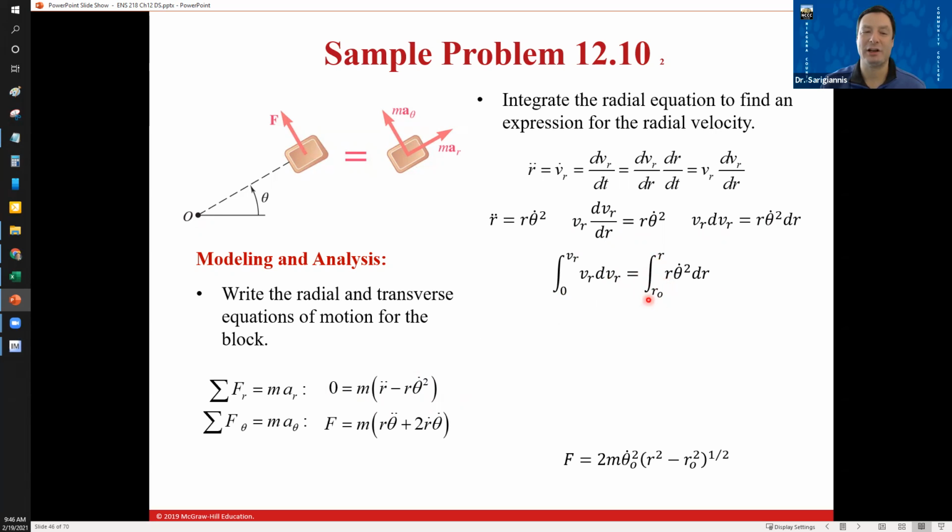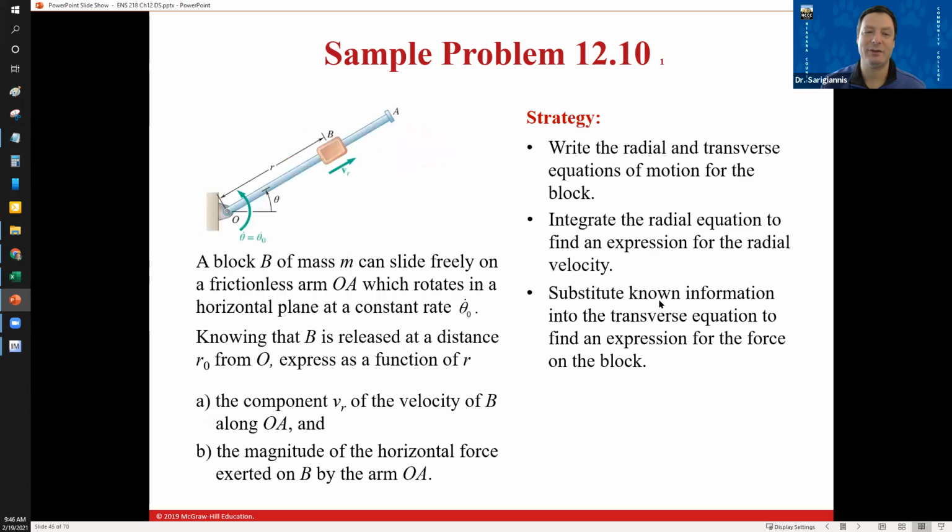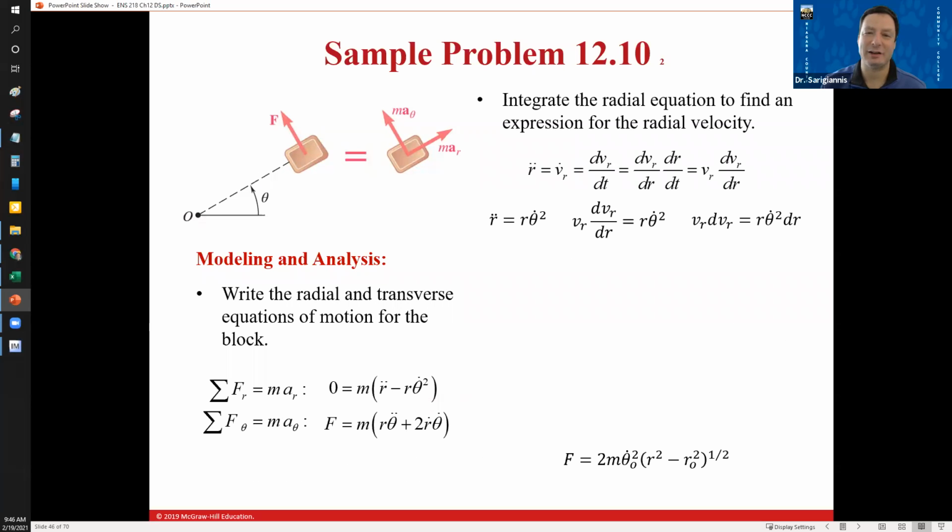Remember, you have an initial condition for r naught. Did they give you the number here? Oh, it's generic in this scenario. So we know the initial radius, and we know the initial velocity is 0.